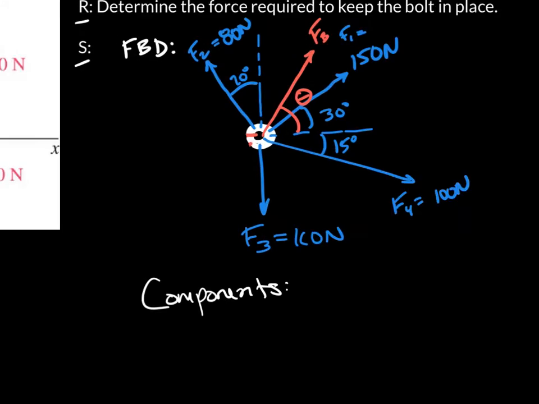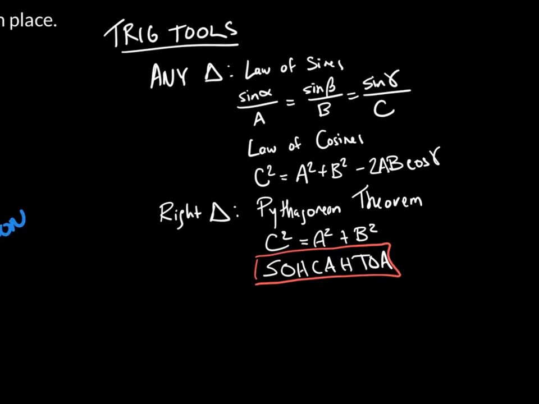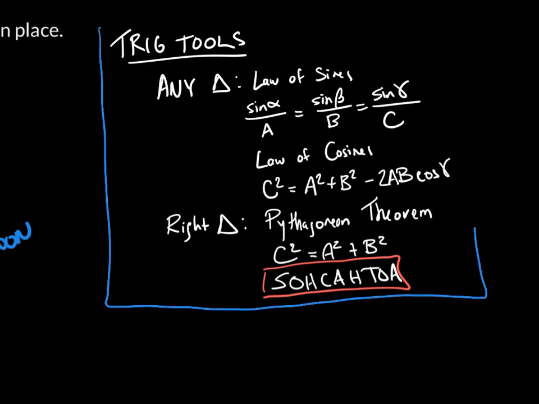Before we delve into the components, I want to step back and remember our trig tools. These are the tools we're going to use whenever we're dealing with angles and sides, and this class has, let's face it, quite a lot of trig. So I'm going to keep rewriting this until it gets into your head.